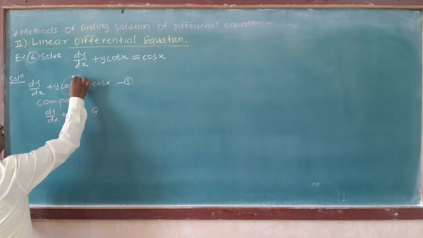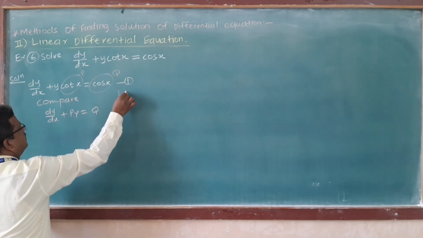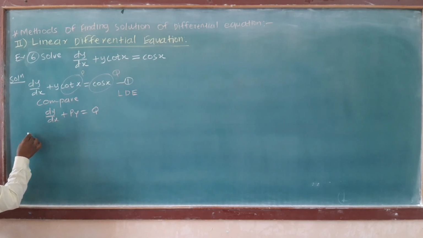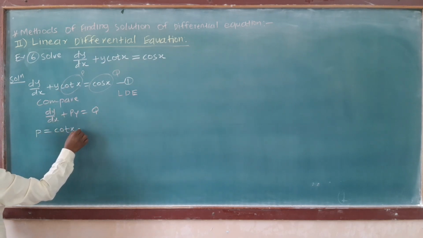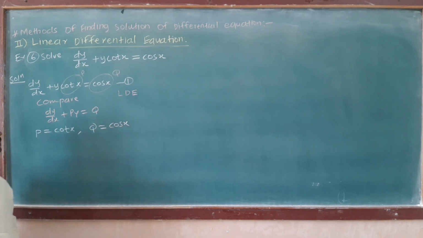The coefficient of y, which is cot x, and Q is the right hand side. This is a linear differential equation. Comparing, we get P is equal to cot x and Q is equal to cos x.